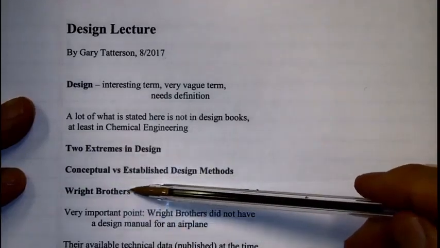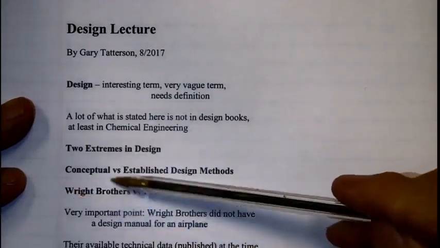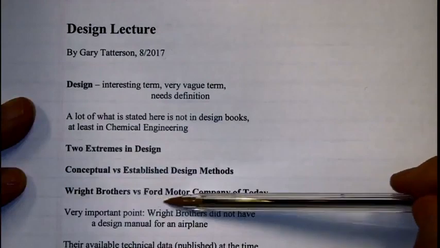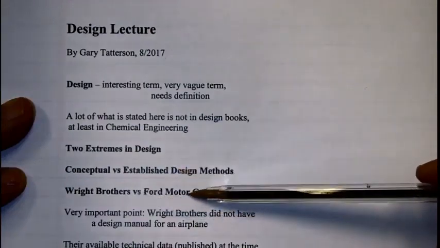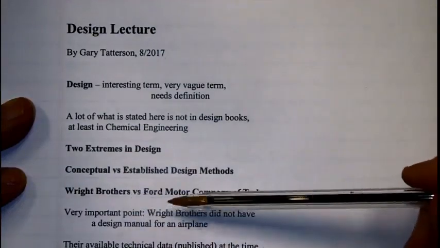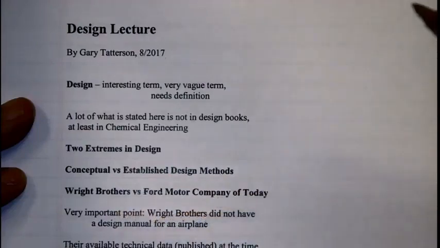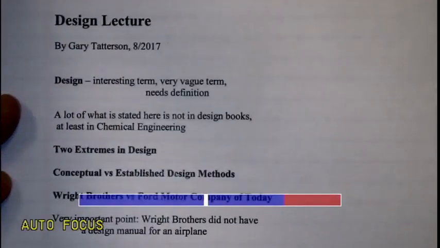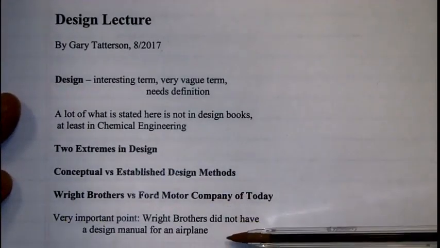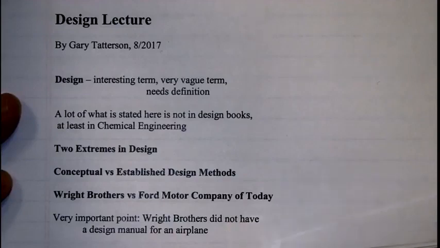Or you can think of the Wright brothers as an example of conceptual design versus the Ford Motor Company being established designs. The important point here is the Wright brothers did not have a design manual for an airplane. That may seem a bit obvious to you, but maybe it's not so obvious.